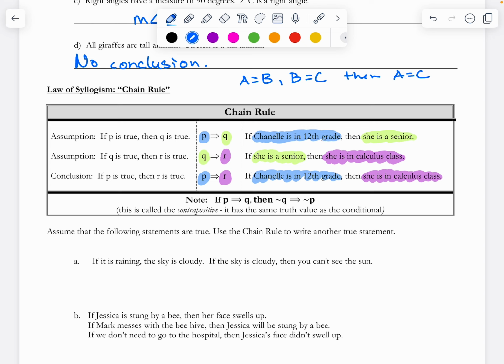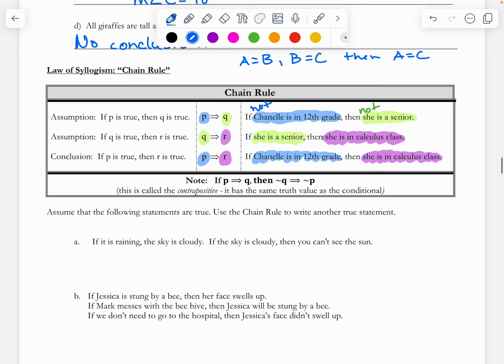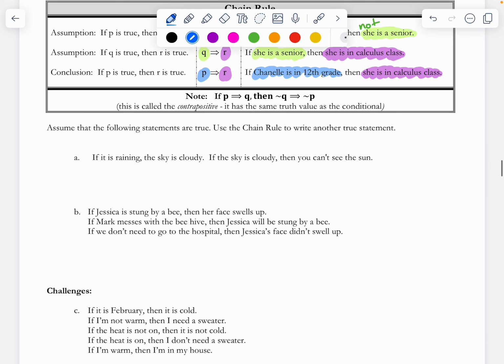So let's keep the original, if P then Q, but let's flip it. If Chanel is not a senior, then she must not be in 12th grade, right? So they have the same truth value. But yes, let's keep going.